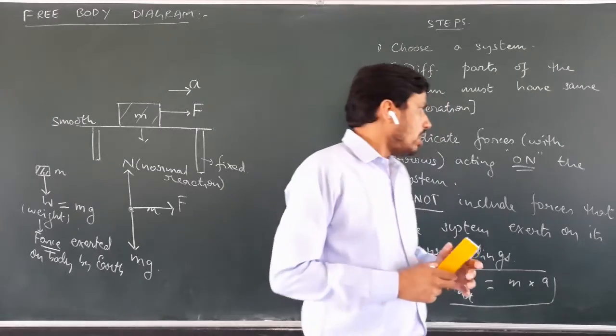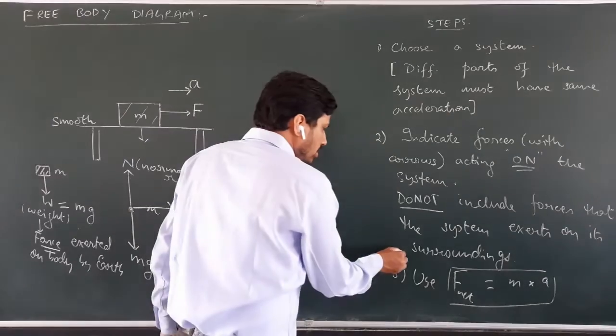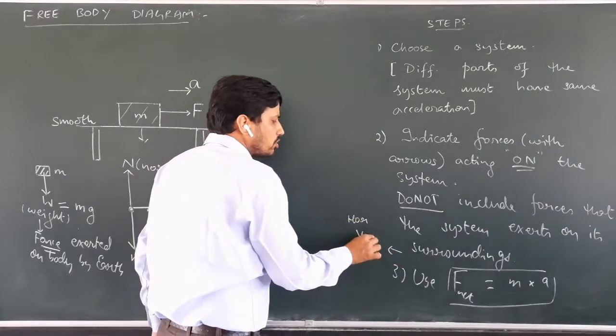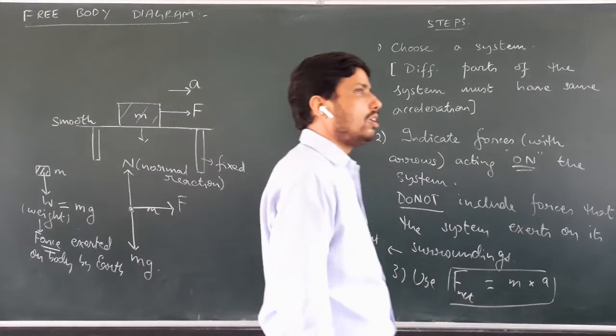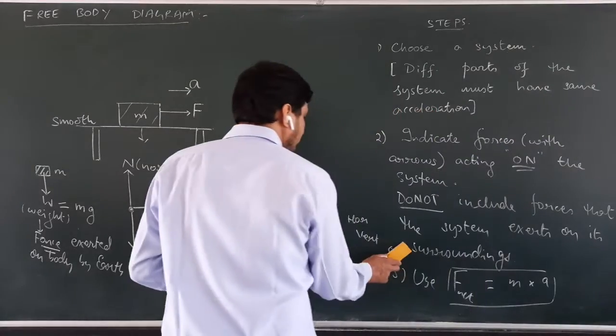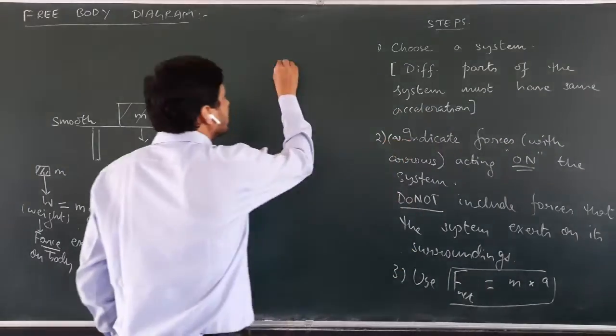Okay. Now, after you do this, one more step I should write here. You divide the forces into horizontal and vertical if possible. Now, in all questions, we may not have this situation of horizontal and vertical. So, one more step I'll use here. This is 2A, then 2B.